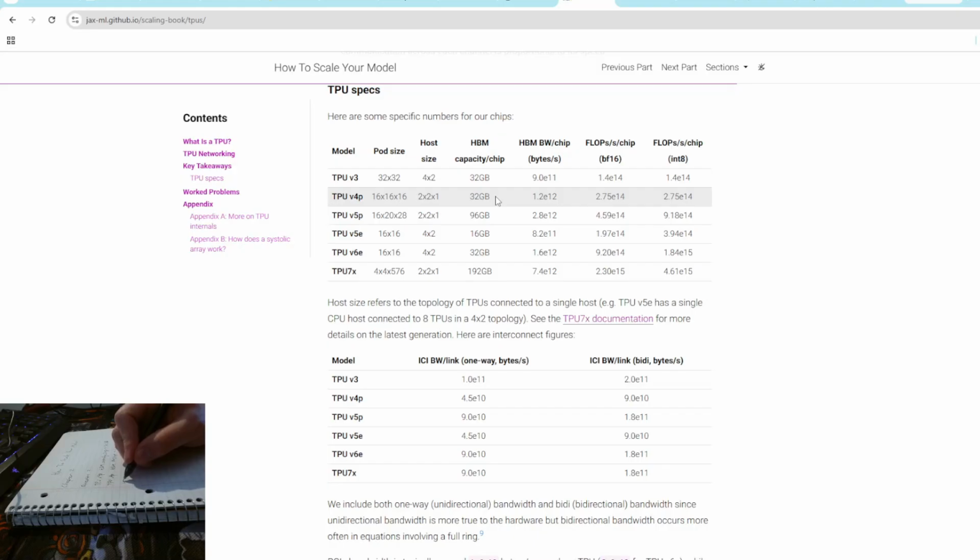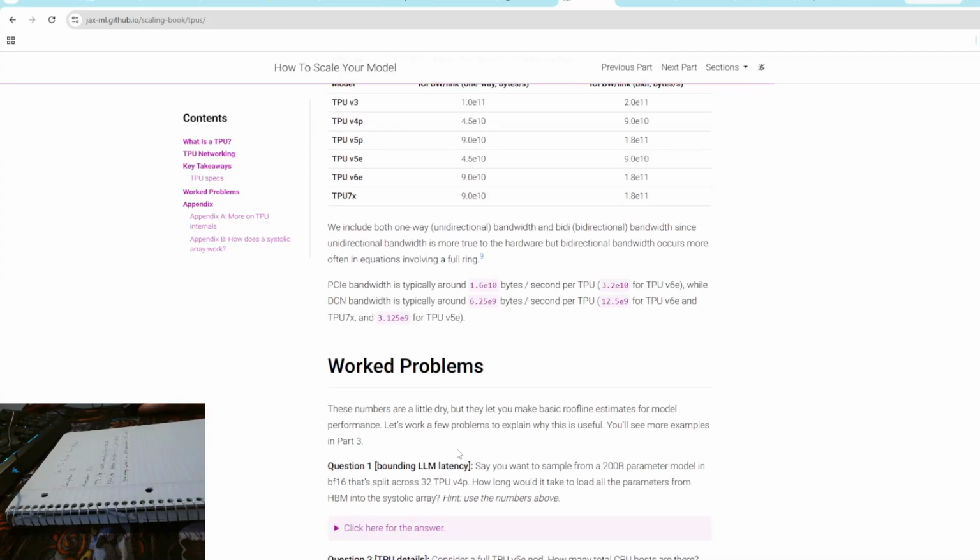So what do we want to know? We want to know how many bytes are in a 200 billion parameter BF16 model. If we have 32 TPU V4P, does that mean we have 32 chips? Okay, let's just assume that for now.